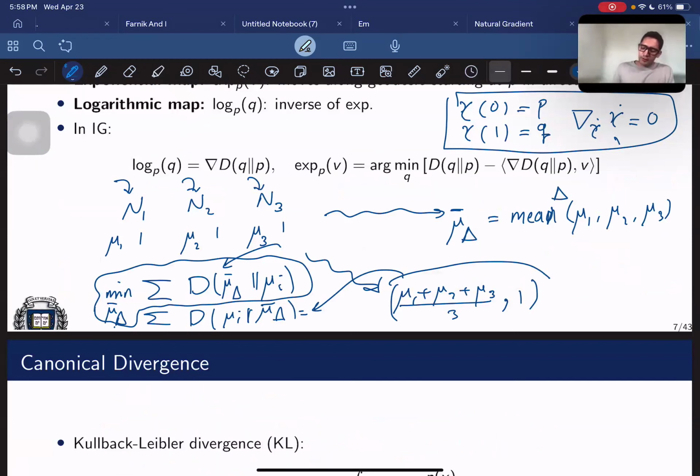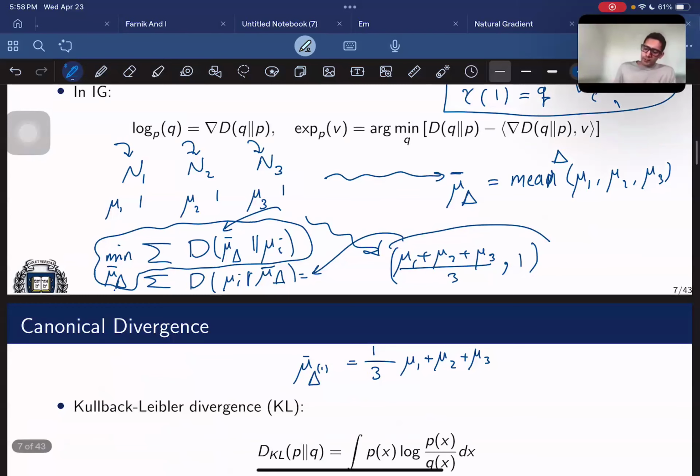So after all these calculations, I will show that mu hat would be 1/3 of mu1 plus mu2 plus mu3. But if you take the -1 connection, first of all, it's not a normal distribution. Second of all, it would be the following thing.